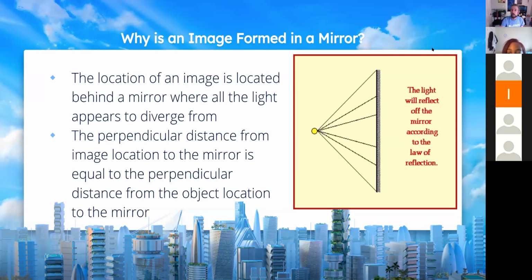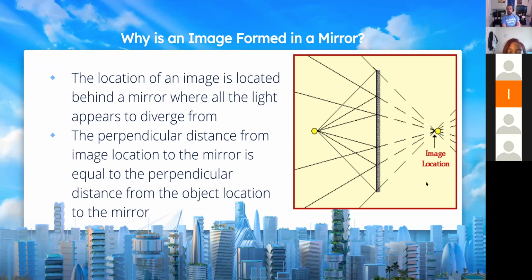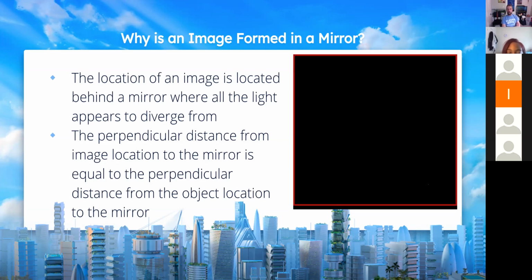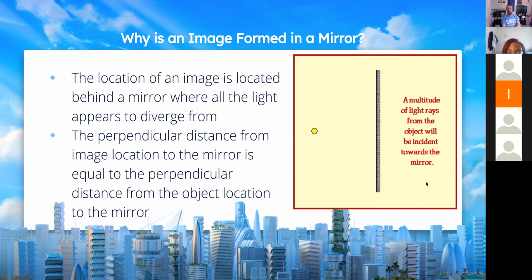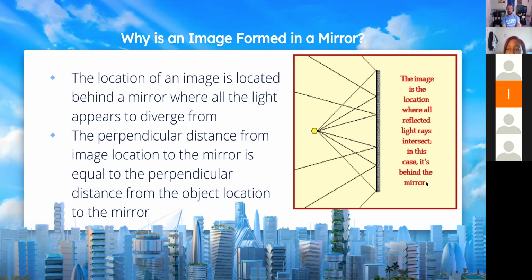So this animation on the right, if you watch it for long enough, you hopefully should get a pretty good idea about how this works. Basically, if we take these light rays that are hitting the mirror, and then we extend them backwards, they will converge on a point that is that image, that is where we perceive that image to be.